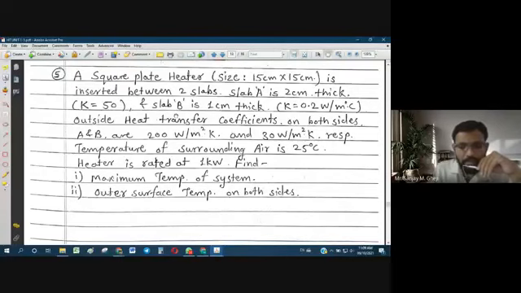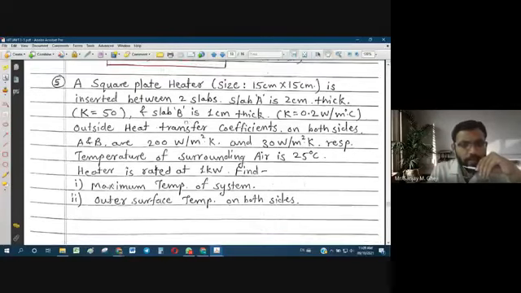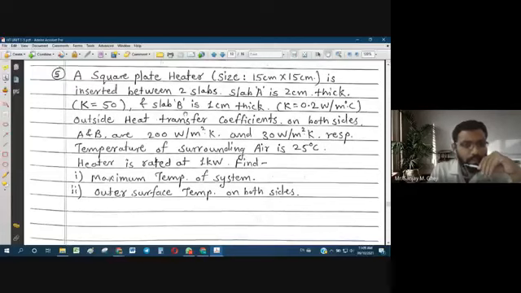For every case you have to handle it in a different way. You have to apply the theoretical knowledge in a different way, even though the end quantities are the same. You have to find heat transfer rate or overall heat transfer coefficient or temperature differences or temperature values.